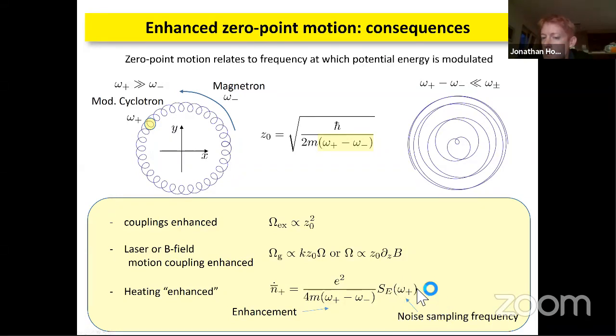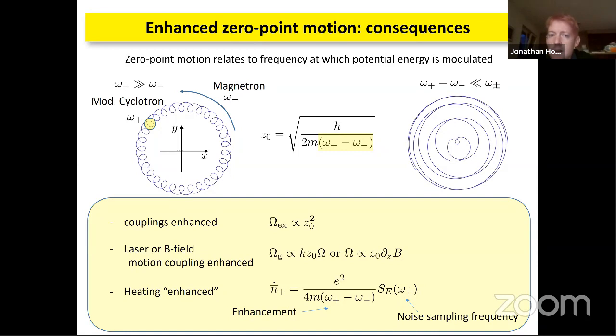But fortunately, you don't sample noise at this difference frequency, but rather at the bare frequency of the ion. So if you keep your cyclotron frequency high enough, and your magnetron has to be close to it, you can end up sampling noise at high frequencies, which is a much better thing to do than sampling noise at low frequencies.